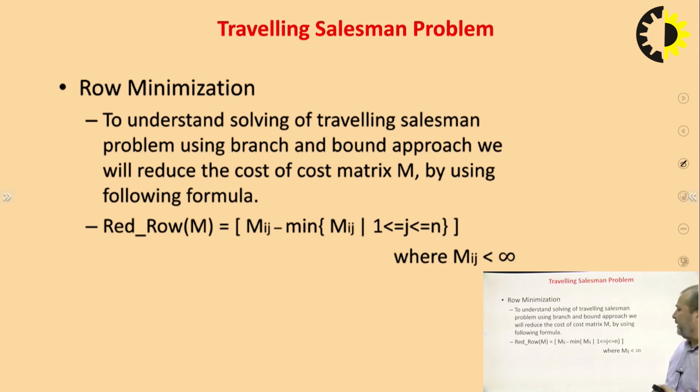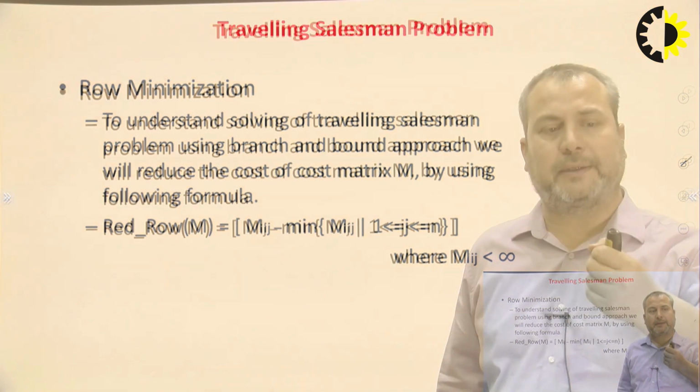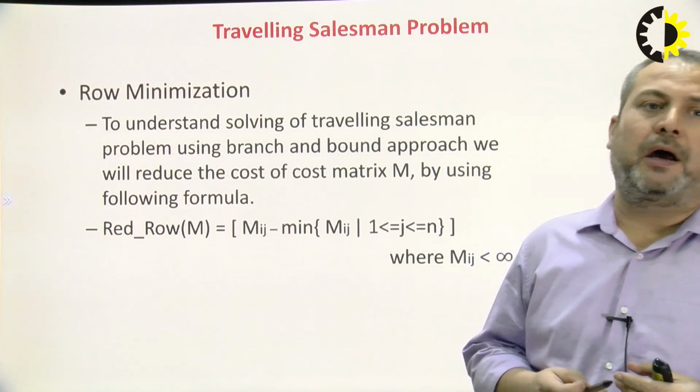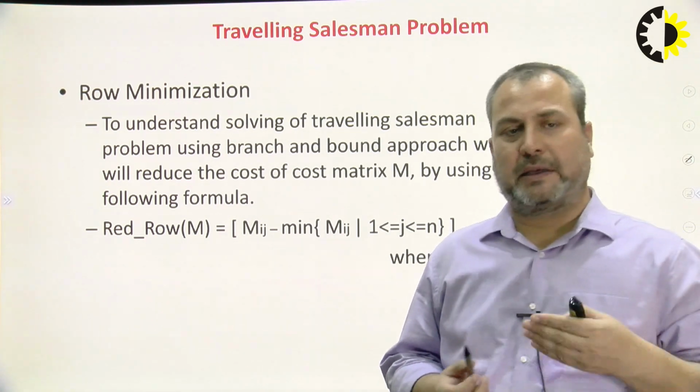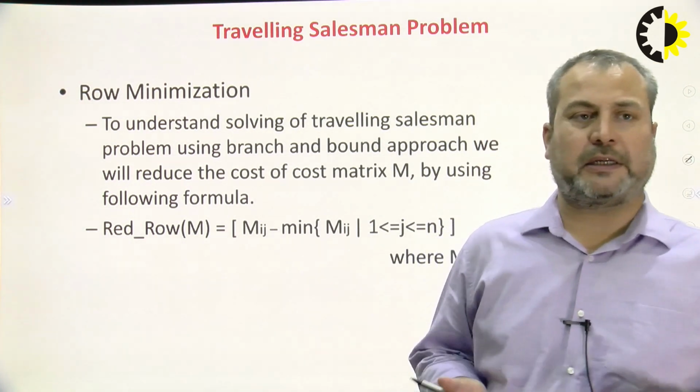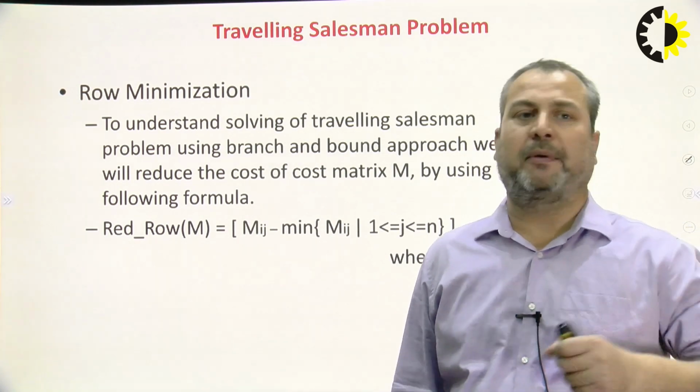So what is the process? There are so many methods to do this problem. Here we will show an example, and to do this we will adopt the branch and bound method to visit and find the minimum cost.